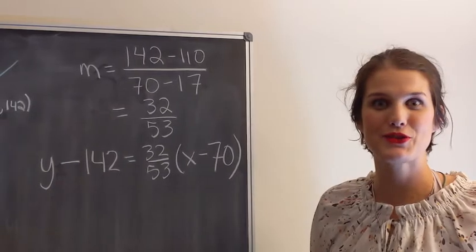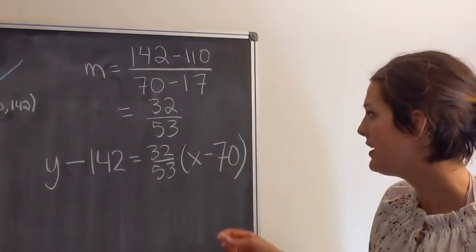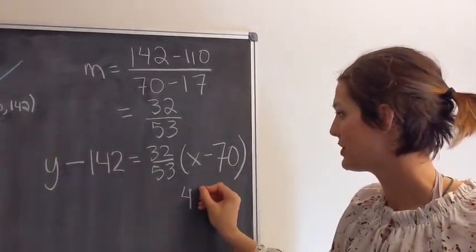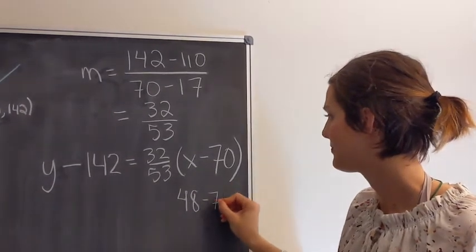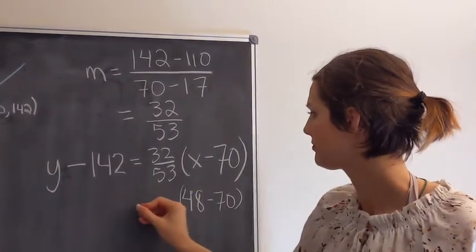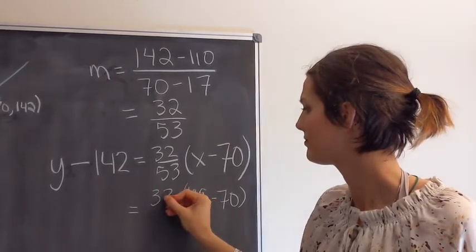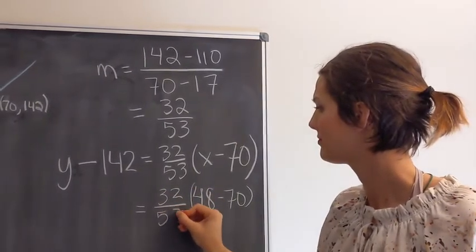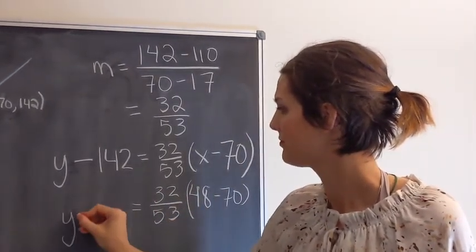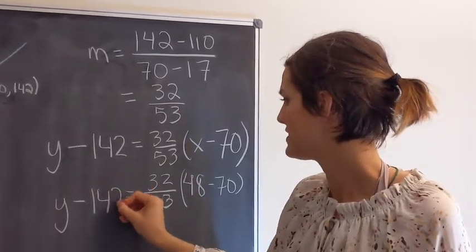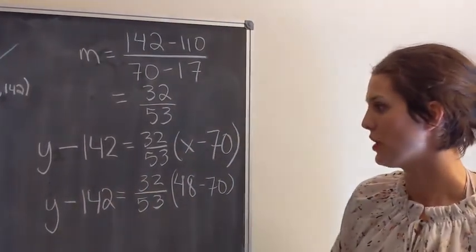All right, let's go through that solution together. So we can just plug in 48 years in for x. And then we just need to simplify everything and solve for y.